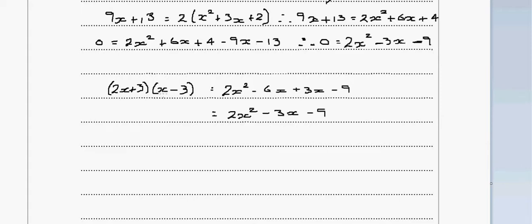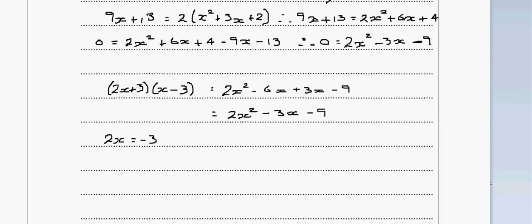Now you can't always do this, but if I can find a shortcut then I will. If you've got 2x squared, the only way you can get 2x squared is 2x multiplied by x, and it seems nice and simple that we have a square number here, so I have equal values here. It's just which side is plus and which side is minus, and on the first go I got it right. So if this is the case, then 2x plus 3, I can say that 2x equals minus 3.